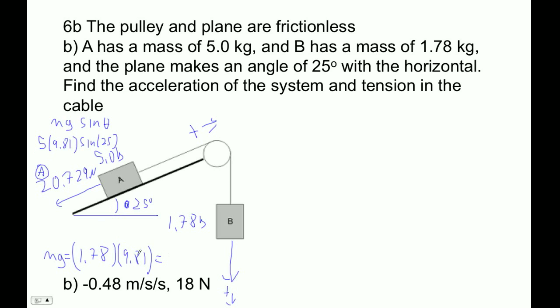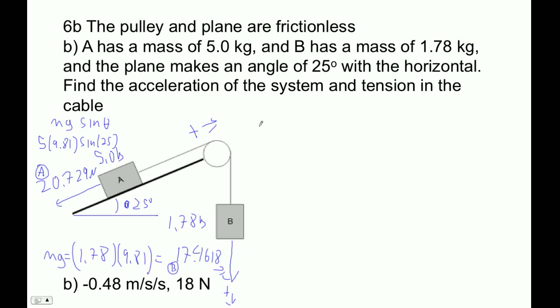So all I have to do is type an A, and that'll come out, right? And then I'm going to go 1.78 times 9.81. I'm going to store that in B. This is 17.4618. Okay. And that is our downward force. That's this guy here. And I'm storing that in B on my calculator, right?